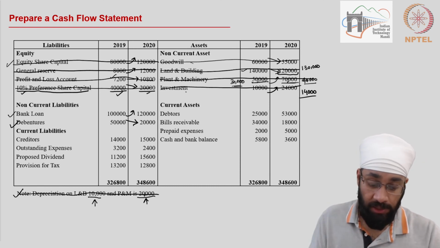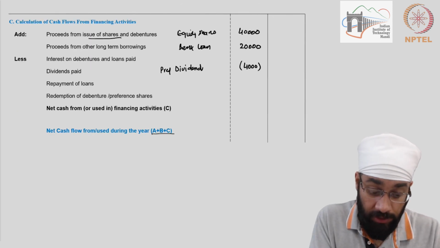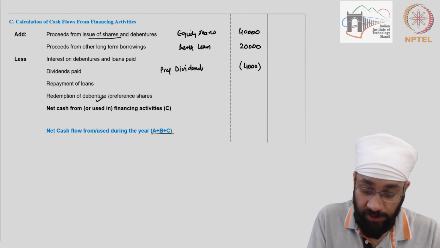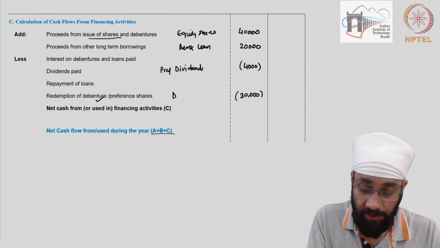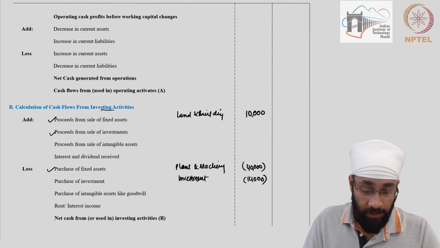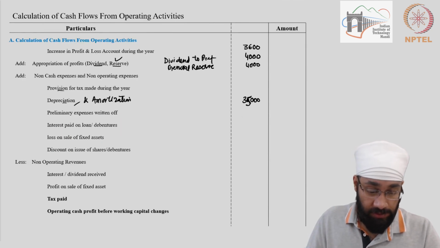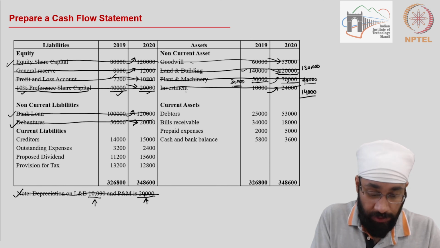So 30,000 is the payment being made to the debenture holders. So redemption of debentures here, 30,000. Negative number, let me write it here, debentures repaid. All right, so these two are also done.